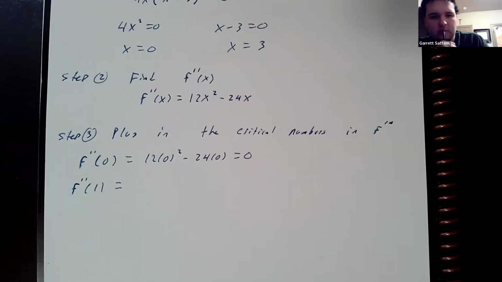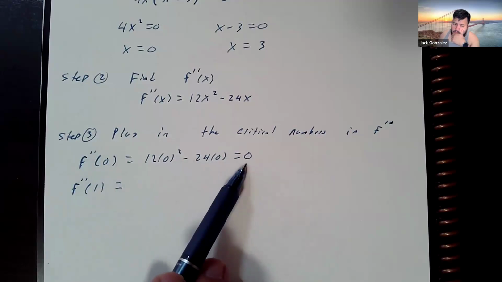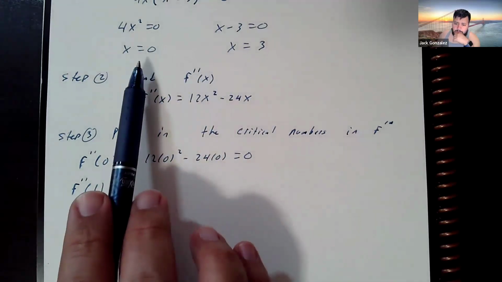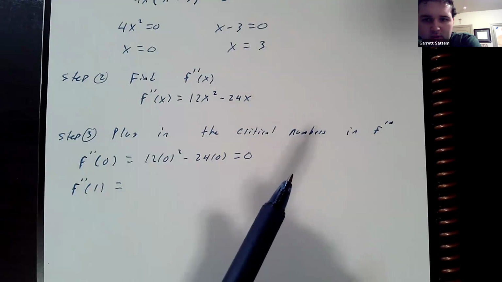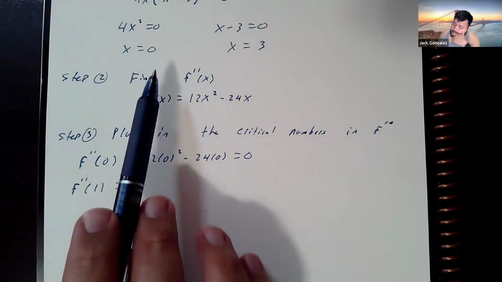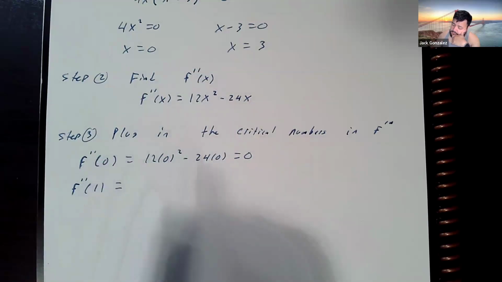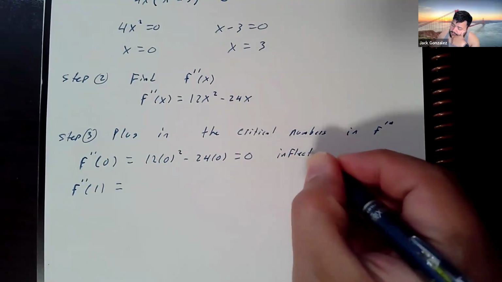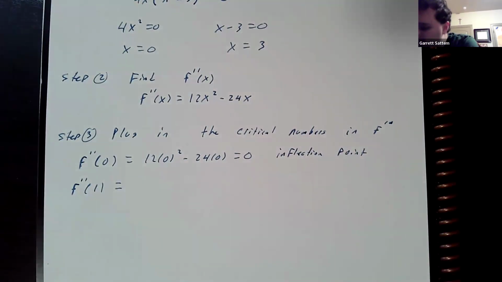If the second derivative is 0, what does that mean for this particular critical number? It is critical. Remember, we said whenever the second derivative is equal to 0, it's an inflection point. Oh, yeah. Inflection. Okay.